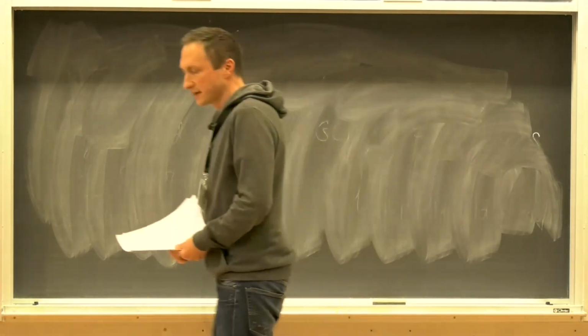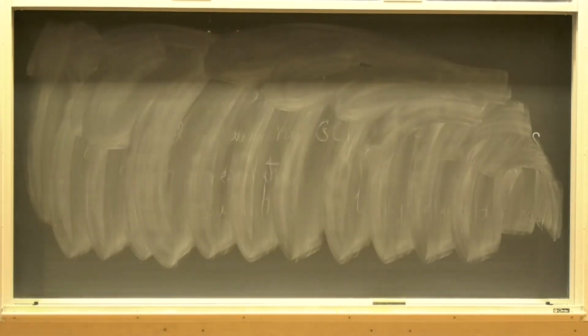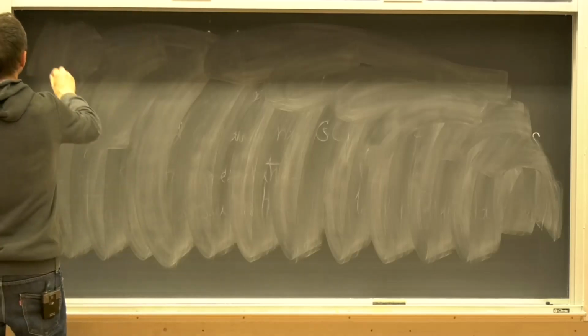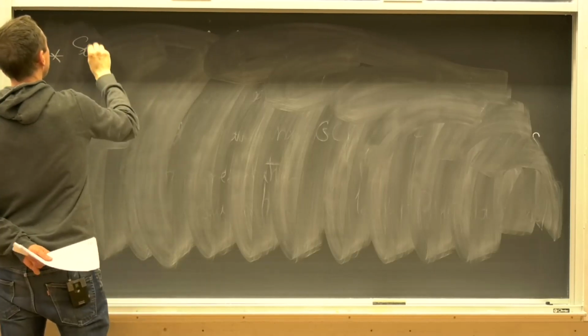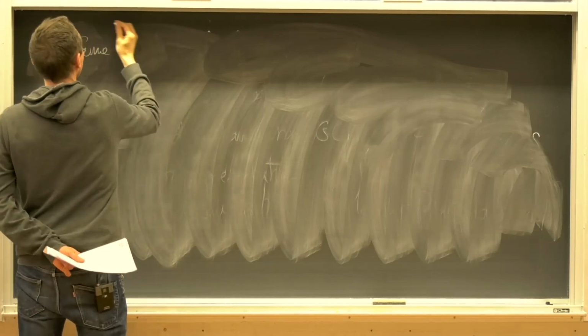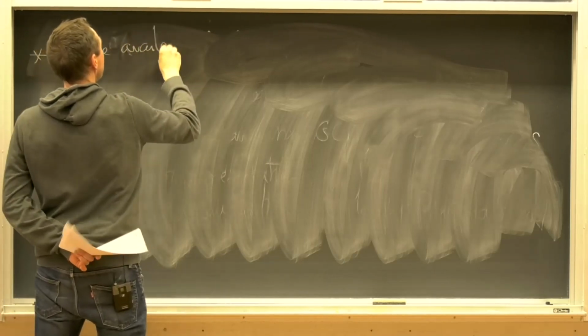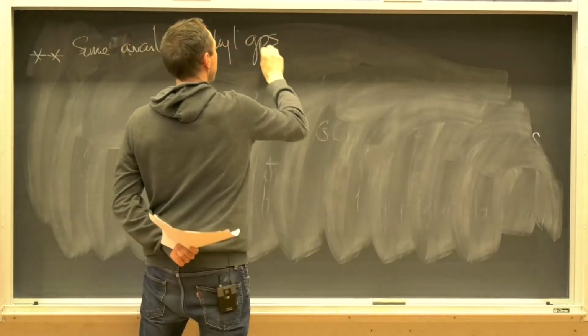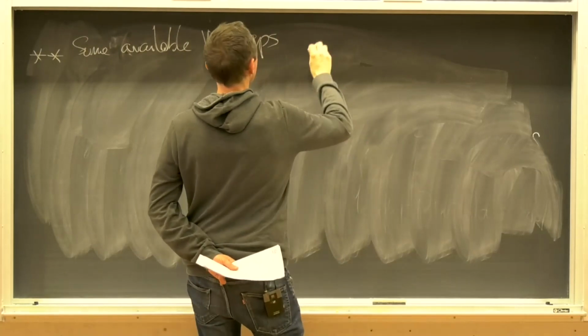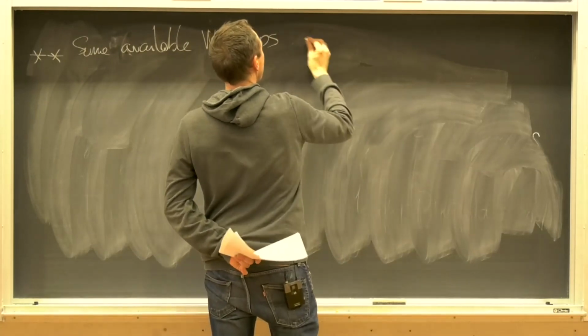And this was the first, I think, striking observation for Kac-Moody groups. It's the fact that some available Weyl groups in general Kac-Moody theory look like this.